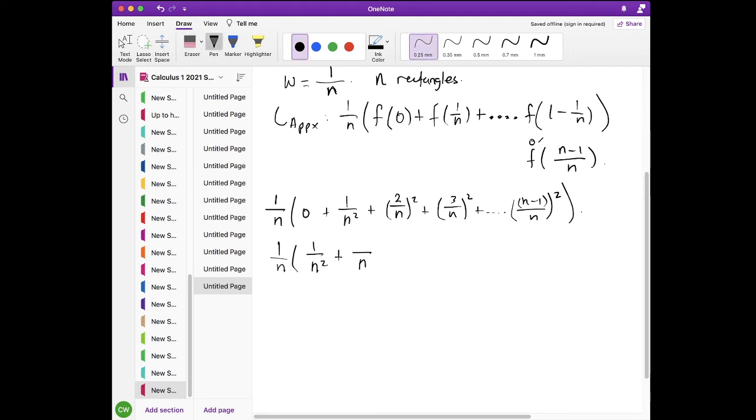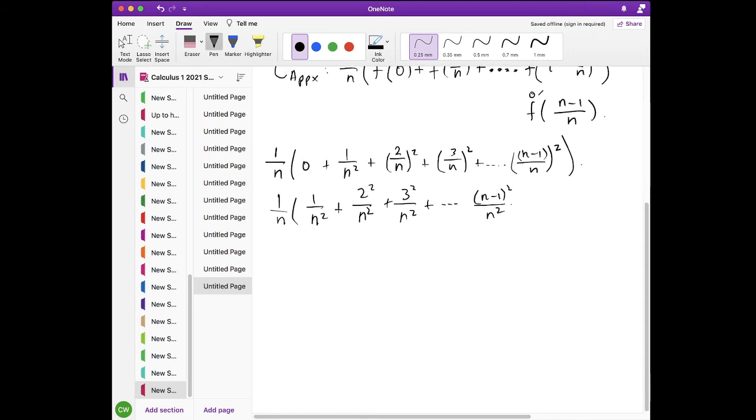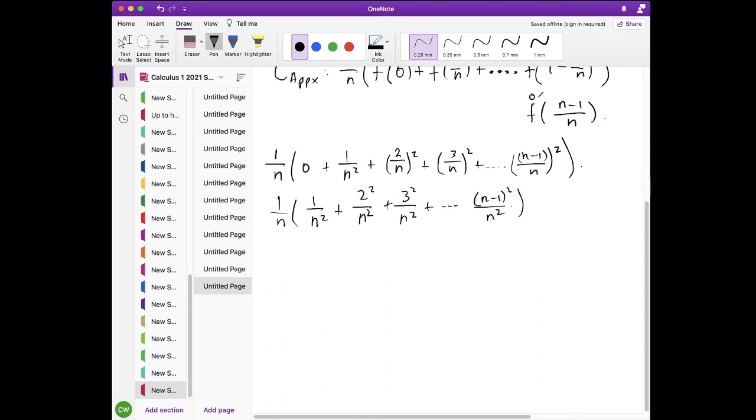What can you factor out from all these things? Yeah, the 1 over n squareds you factor out. So let's factor out all the 1 over n squareds. We get 1 over n cubed, then 1 plus 2 squared plus 3 squared, up to n minus 1 squared. Okay, good. We have time, so I can do this.